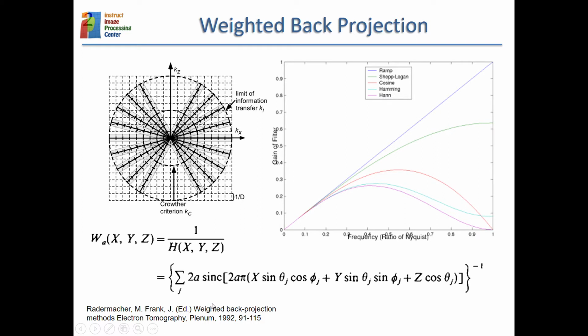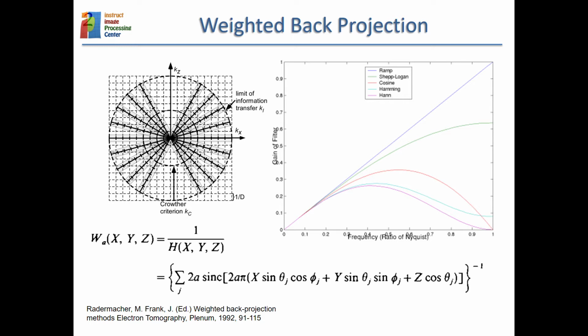For instance, this paper in CryoEM was one of the first deriving how to compute the filter for the weighted back projection for specific geometries. And the filter is a 3D function or a 2D function, depending on whether you're going from 1D to 2D or 2D to 3D.